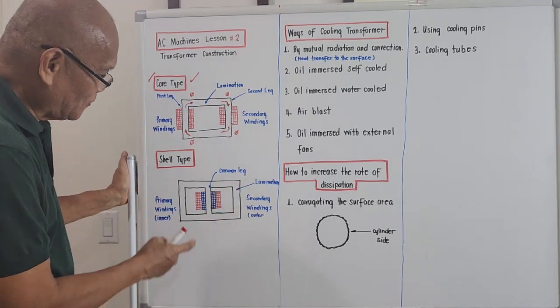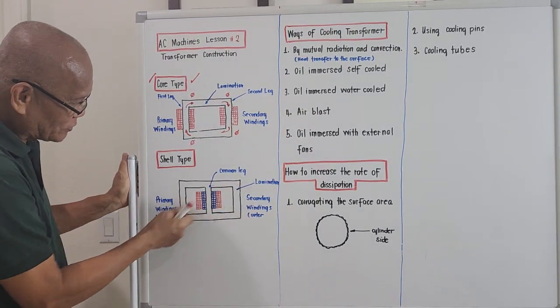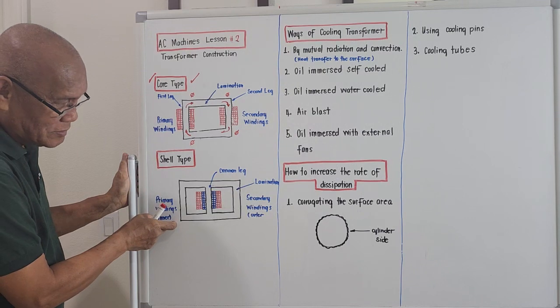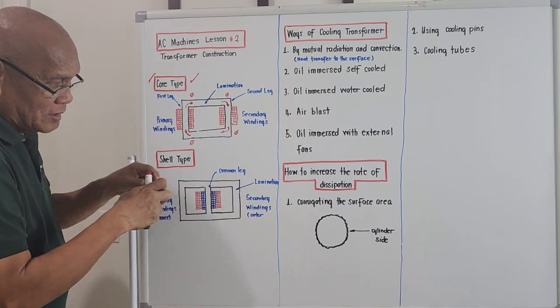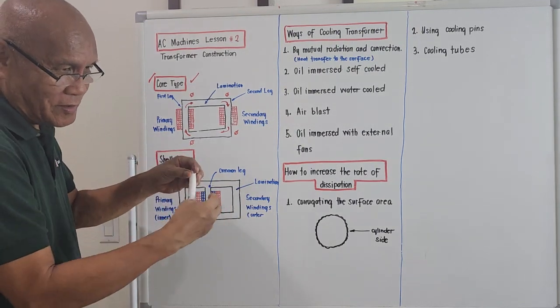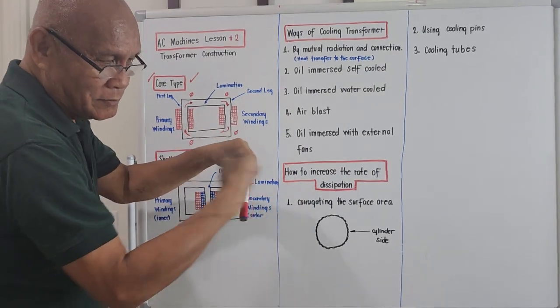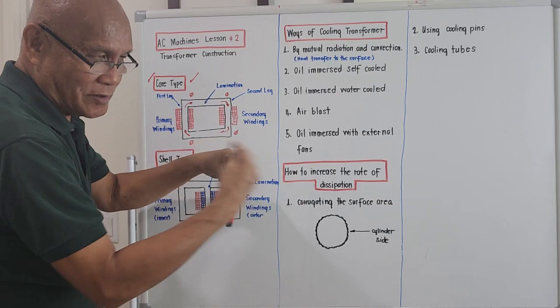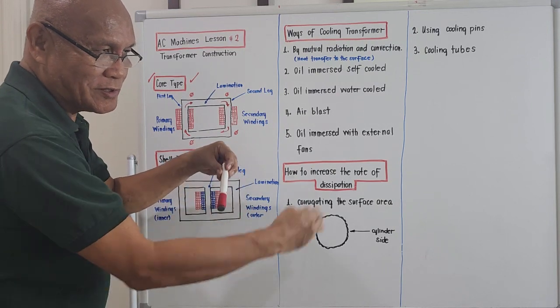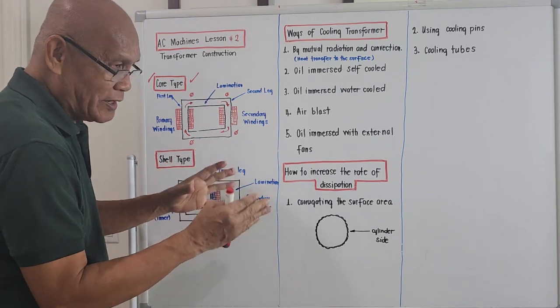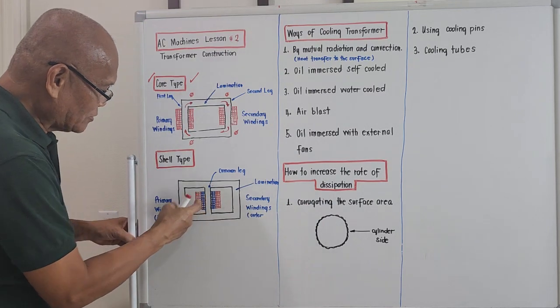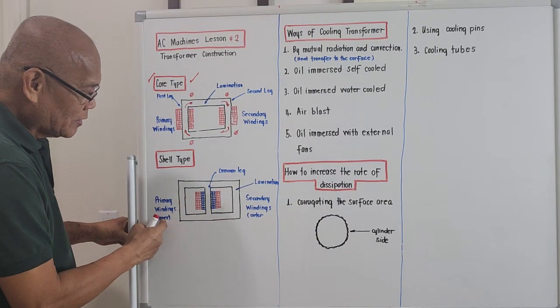The blue cross sections represent the primary windings, the inner winding. It is the first one to be wound around the center leg. It depends on how many turns, how it was designed. So the inner winding represents the primary winding.